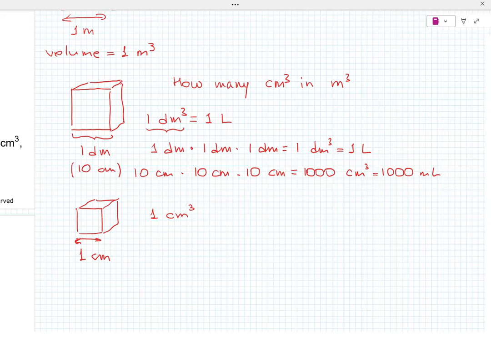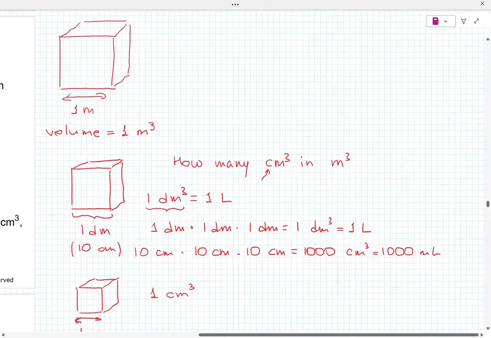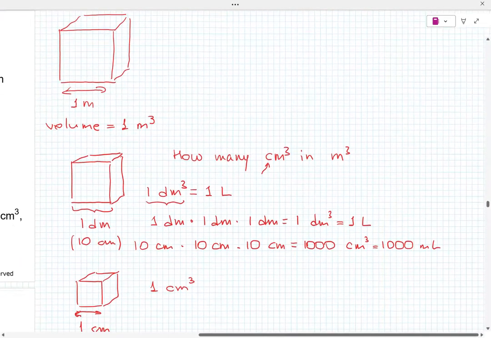Hold on. The first reflex is to look at this centi prefix and say, well, it means 100th part. It must be 100 cubic centimeters. But it isn't. Because how many centimeters is in 1 meter? 100.